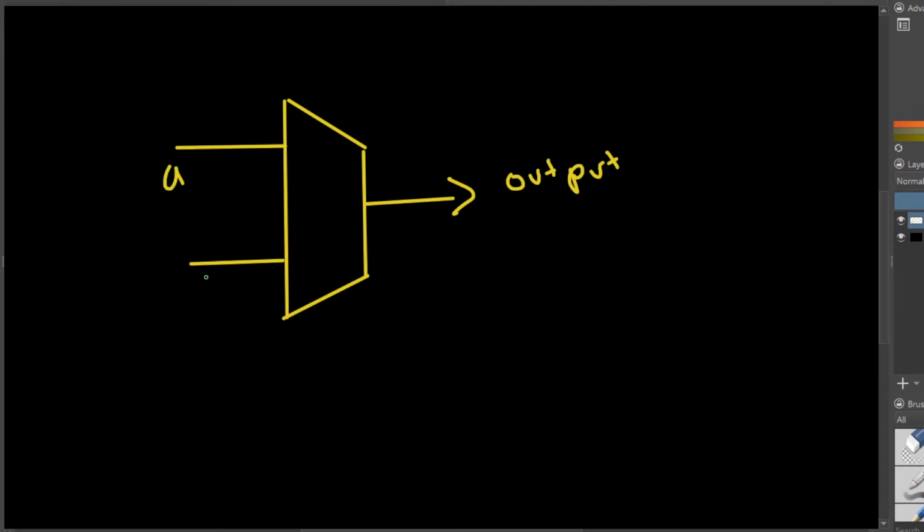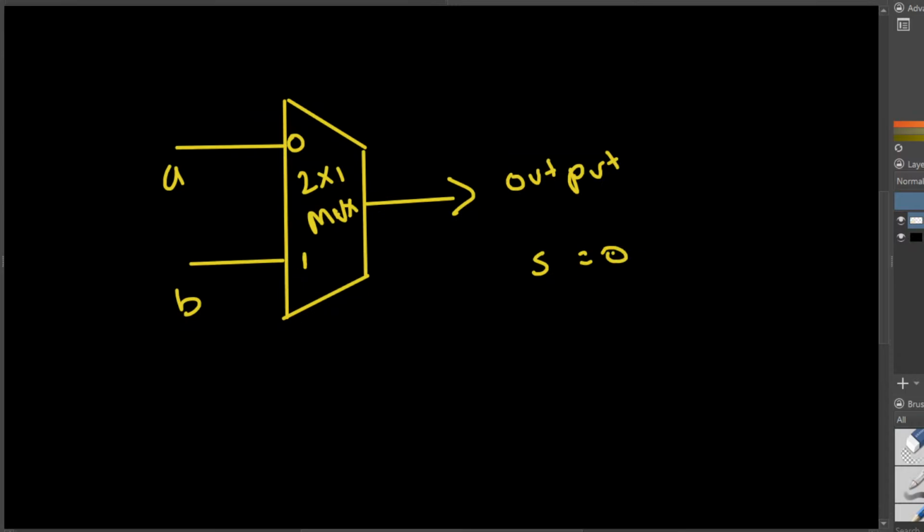Let's say the input is A here, B here, and this is 0, this is 1, and this is a 2x1 multiplexer. And for a 2x1 multiplexer, when S is equal to 0, what is this?